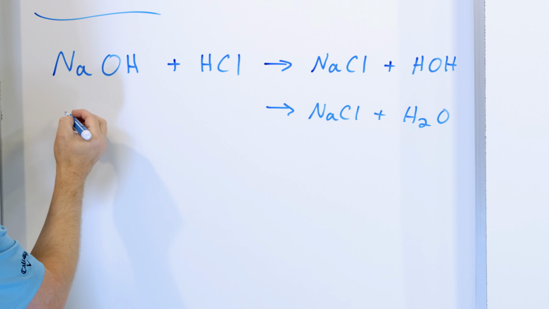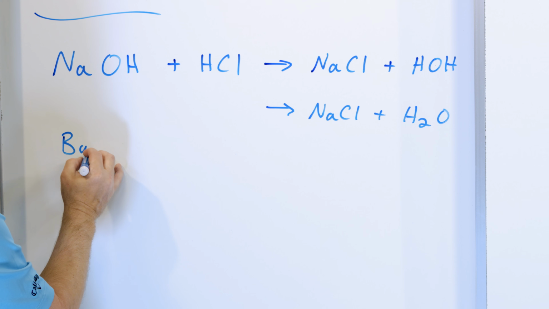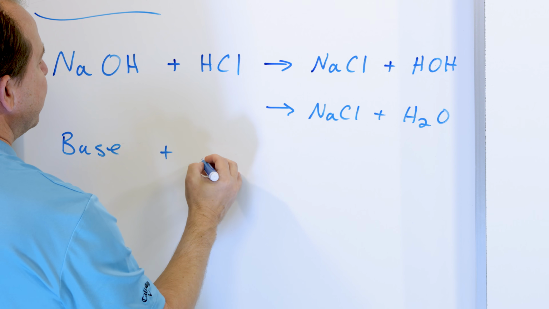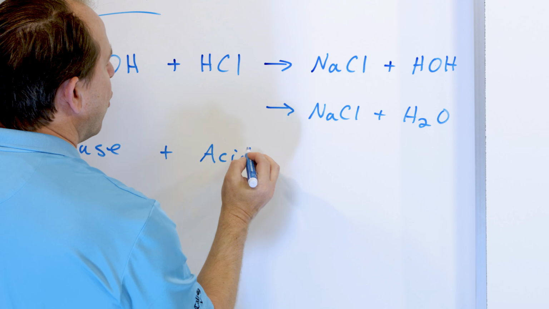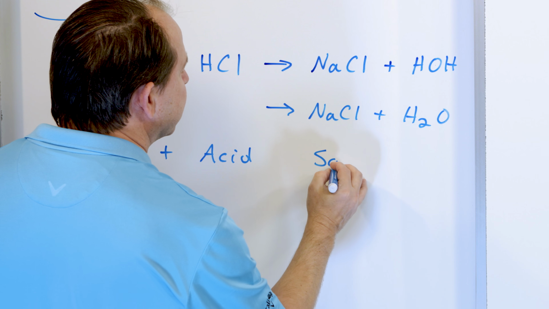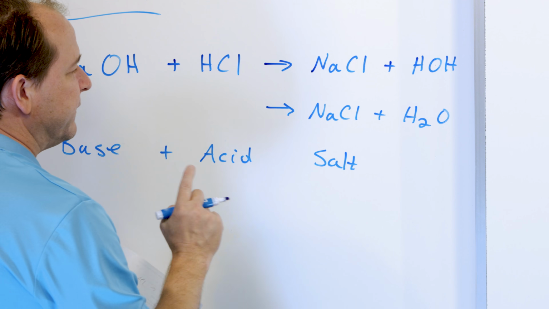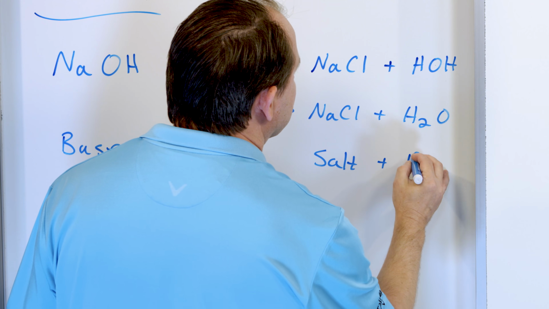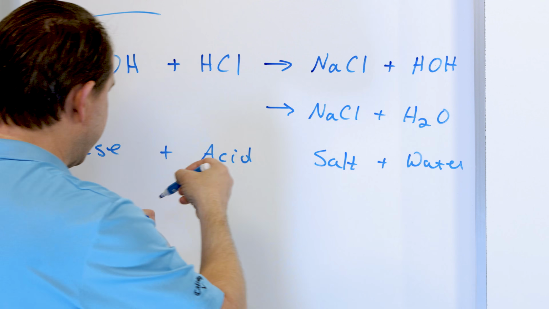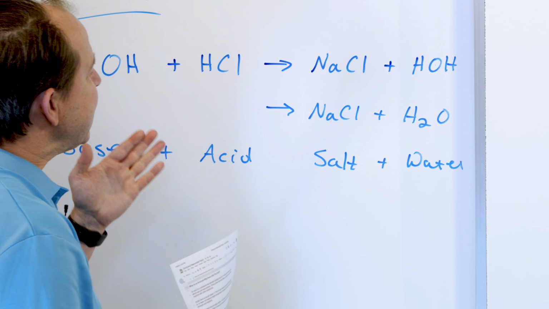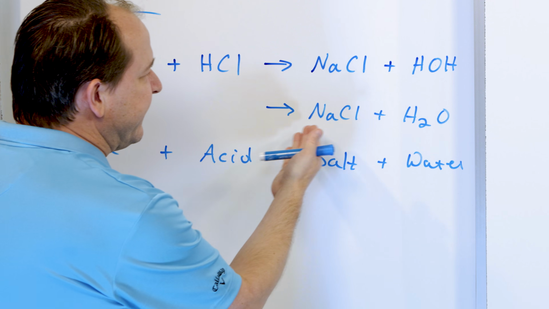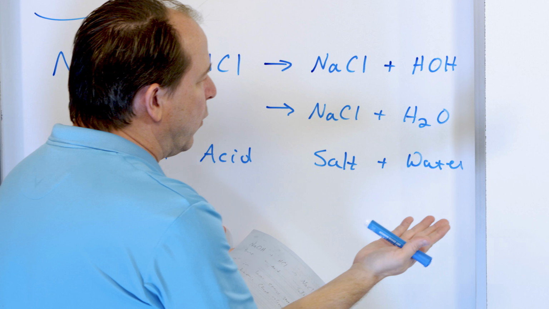So in general, when you take a base and you add it to an acid, what you get as a product is a salt, very often, not all the time, very often, a salt and water. This is very, very often the case. All right, now the salt is of course harmless and it's in solution, and then the water is there as well.